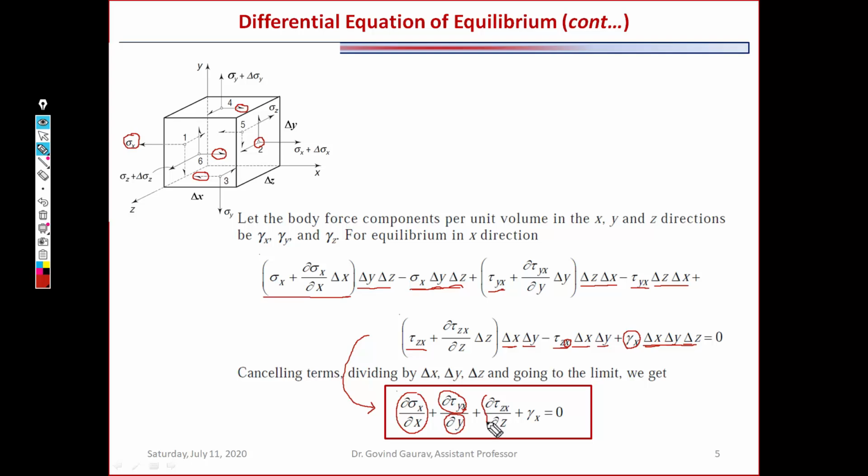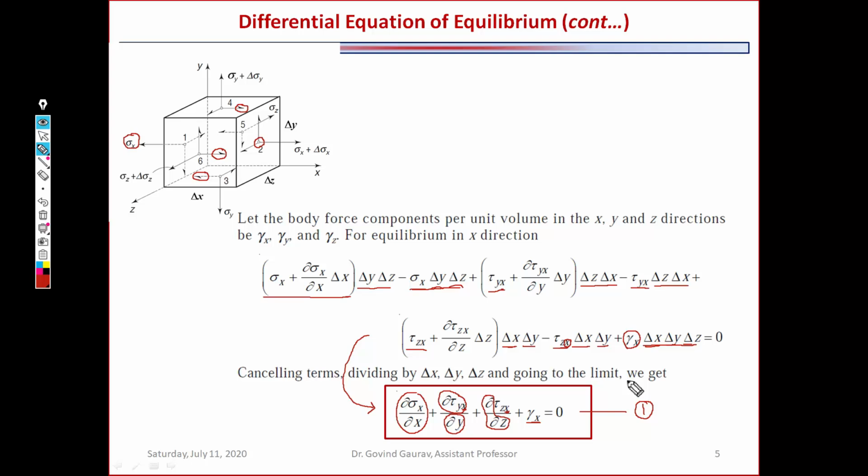The third one is the partial derivative with respect to z. So the value of the shearing force is tau zx. This is the force that is acting in the x direction, plus the value of the body force, which is equal to 0. So this one is the first equation of equilibrium when we have considered the equilibrium of the forces in the x direction.